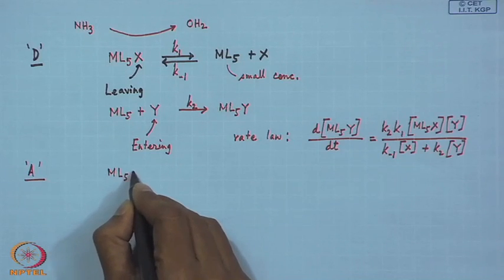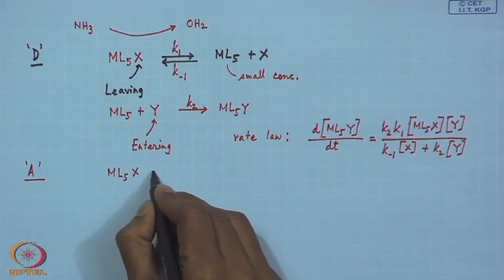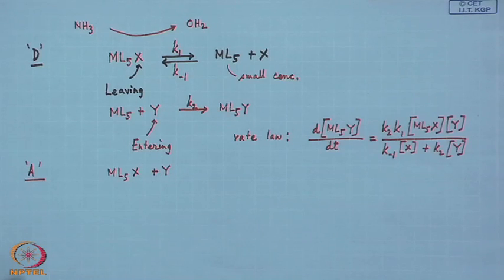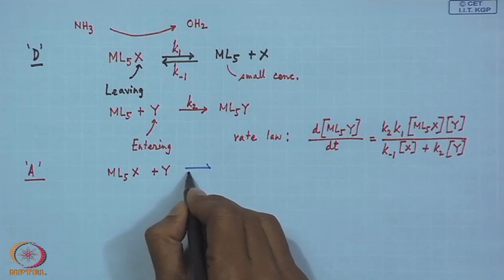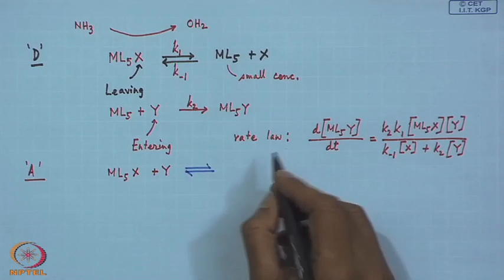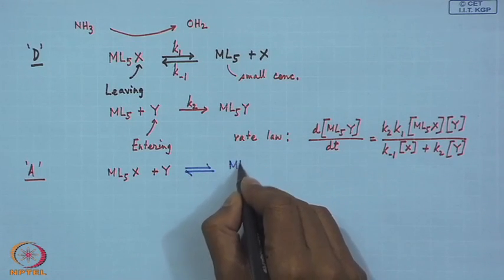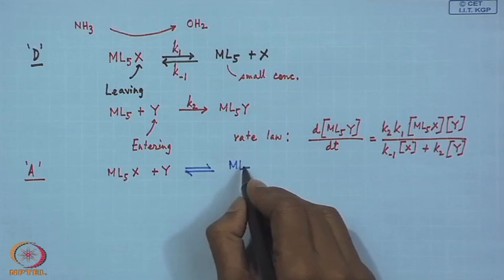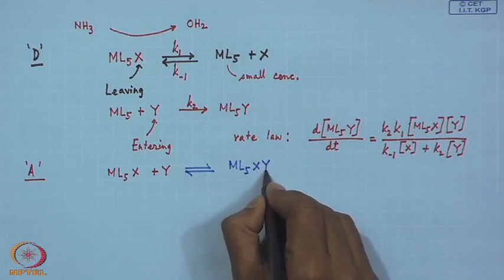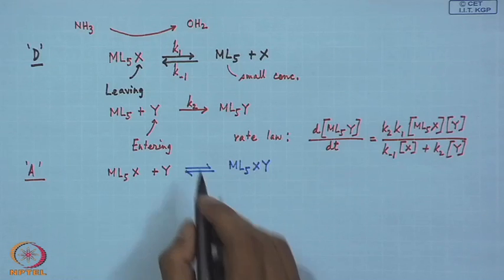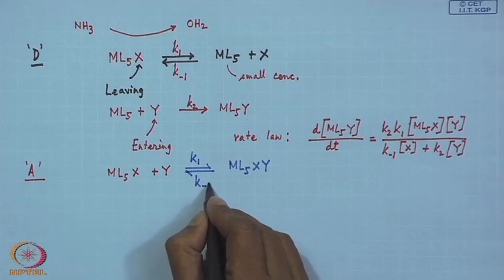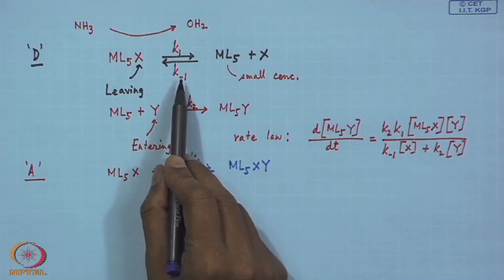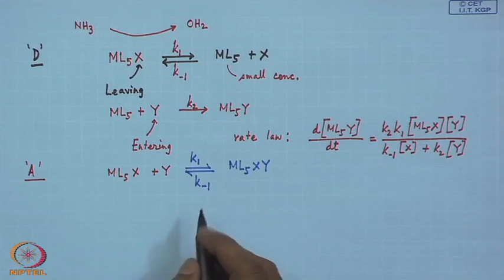ML5X is reacting straightaway with Y, and both-way reaction can give rise to ML5XY, that means the associated form. We have this K1 and K minus 1, in the same way as in our dissociative pathway.